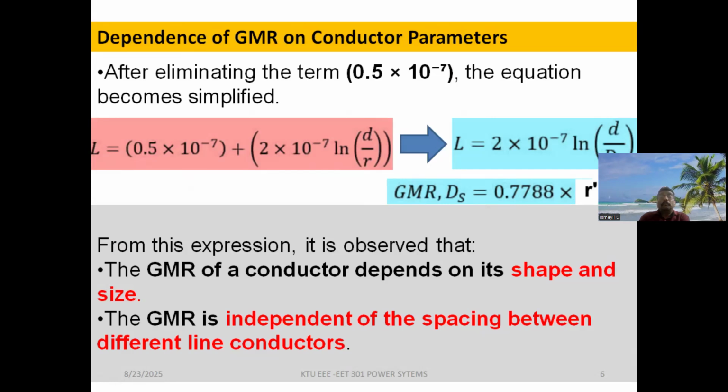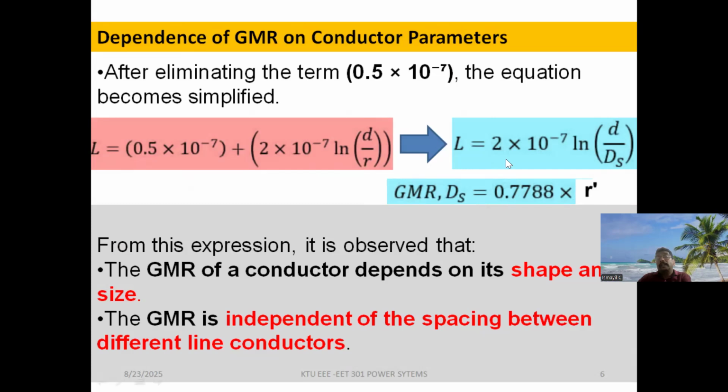By eliminating the first term in the inductance equation, the equation becomes very simple: L equals 2 into 10 raised to minus 7 ln d by Ds, where d is the distance from one conductor to the second conductor in a single phase case, and in the three-phase case it is the equivalent distance, or GMD, of the transmission line, which we will explain later.